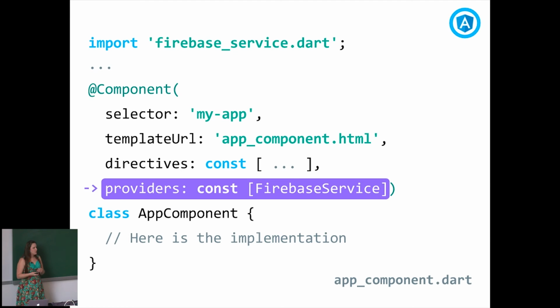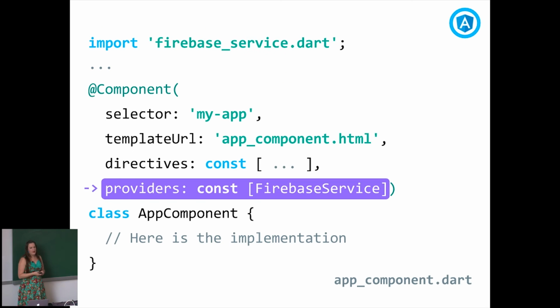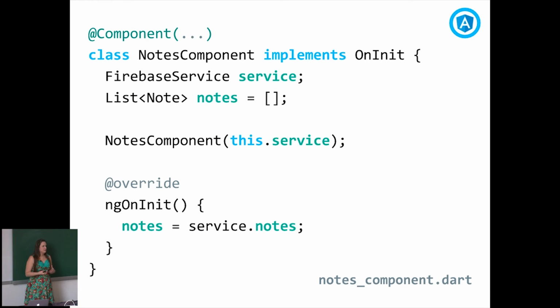This component doesn't need to create a new instance of that because it's registered there, and the dependency injector does this for us. So the functionality for Firebase is in the Firebase service, and I registered this Firebase service in my main component, so I can use that in any child component of the app component.